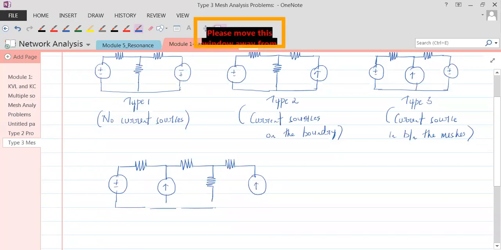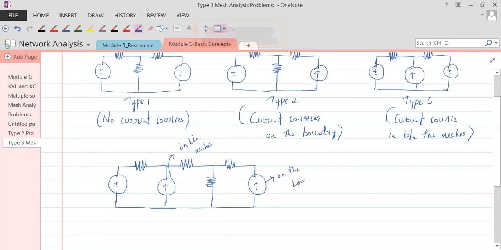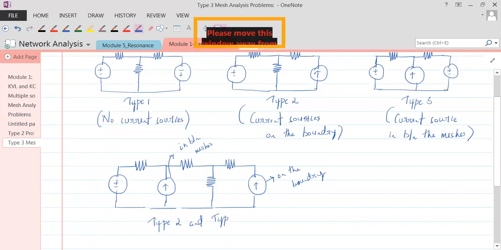Can anybody make out what's happening here? See, this current source is in between the meshes. Okay, this is on the boundary. So which type of circuit is this? This is type 2 and type 3 because you have current sources on the boundary as well as current sources in between.